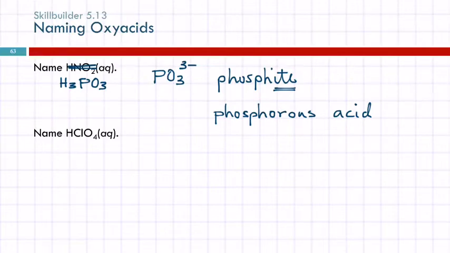Okay, let's do this one, HClO4. Well, if we cover up the hydrogen, what's that oxyanion? It's related to chlorate, perchlorate. So chlorate is ClO3-, that's chlorate.